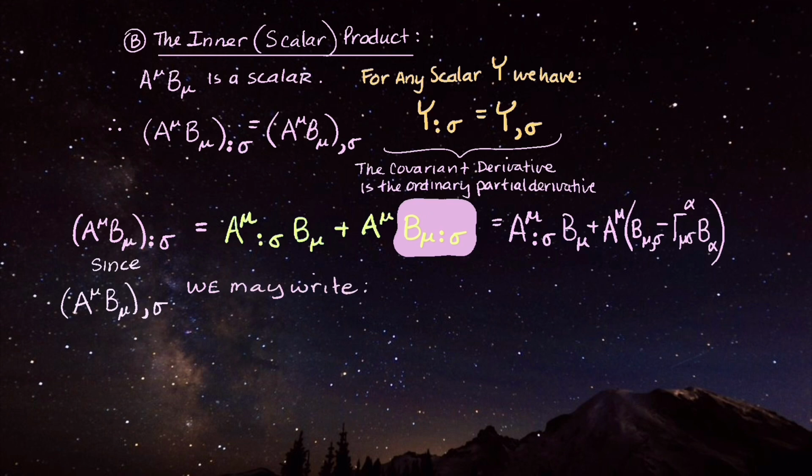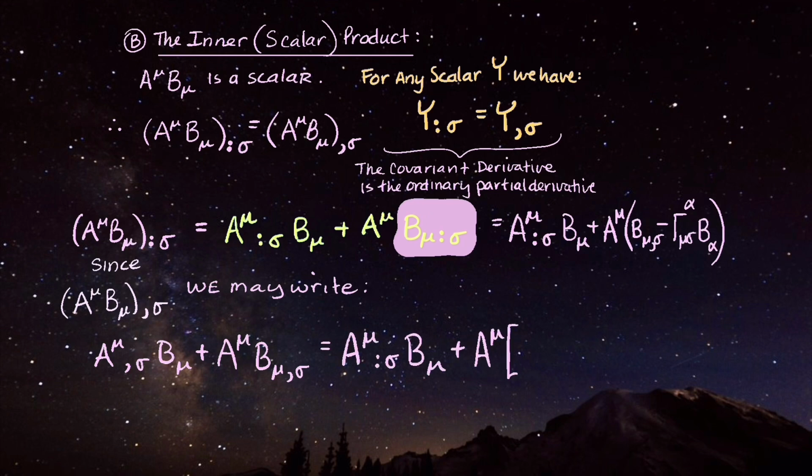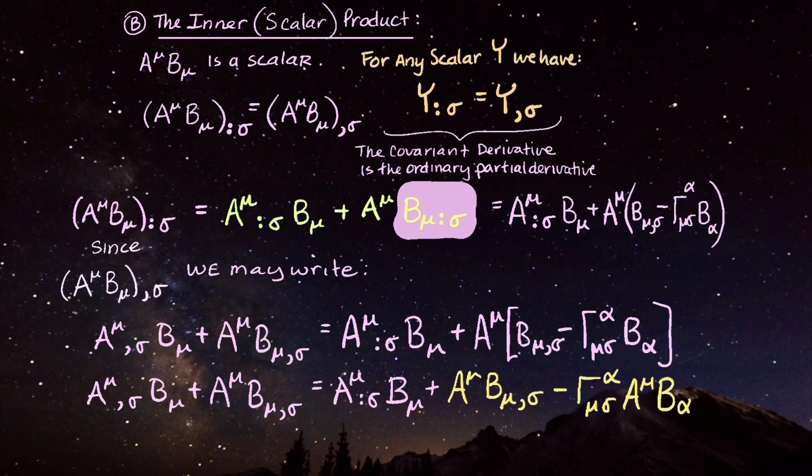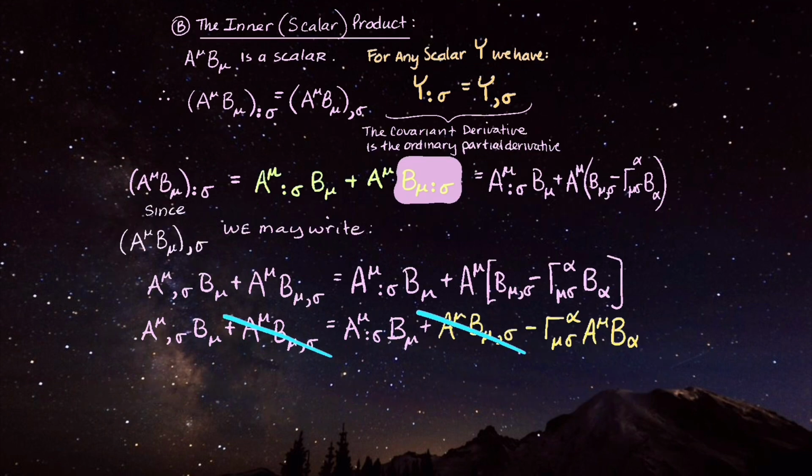And again, because this inner product is a scalar, we may also expand it out in terms of its ordinary derivative on the left-hand side. And thus on the right-hand side, we can rewrite this in terms of the covariant derivative of a contravariant vector plus some extra terms. Some of these terms will actually wind up canceling.